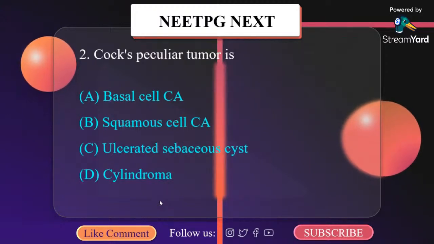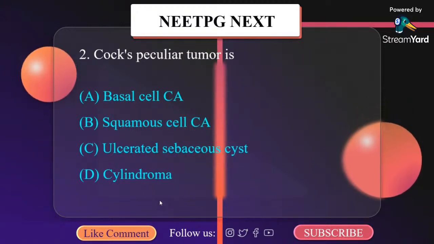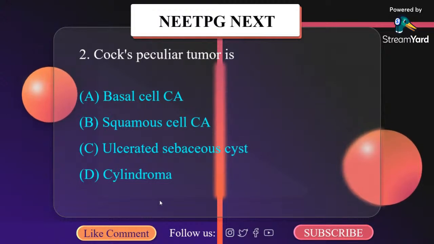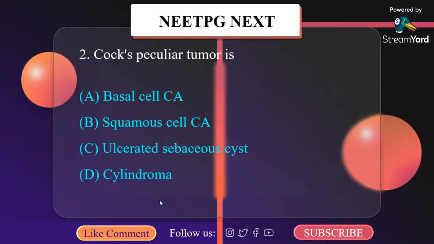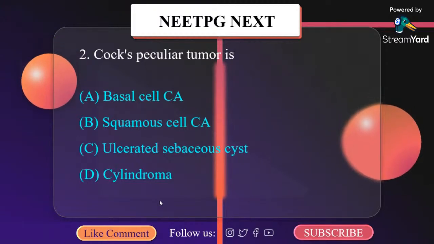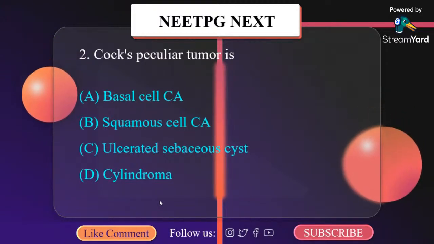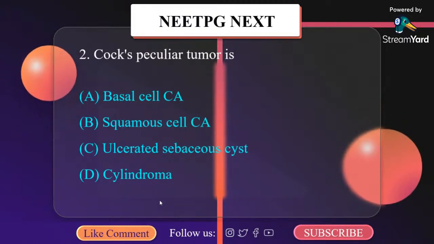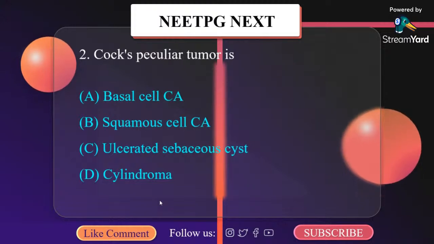Now the second question, Cock's peculiar tumor is: A. Basal cell carcinoma, B. Squamous cell carcinoma, C. Ulcerated sebaceous cyst, D. Cylindroma.